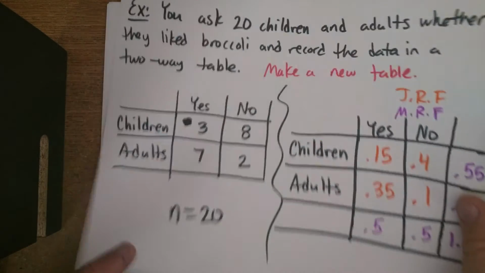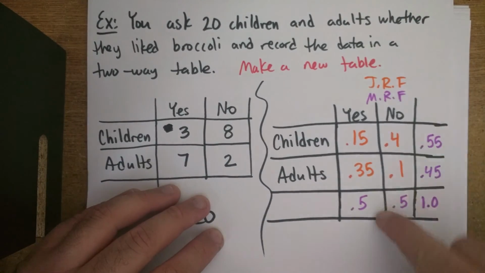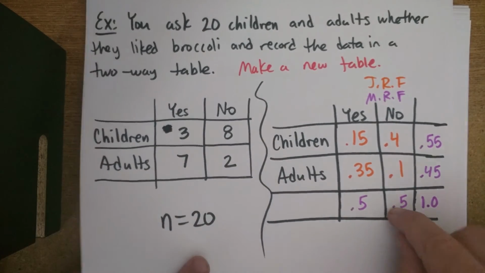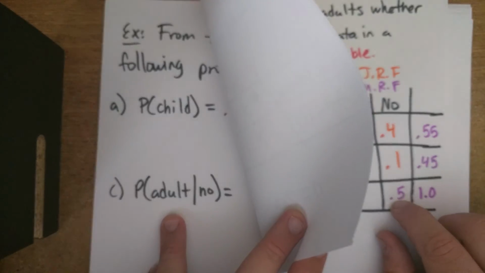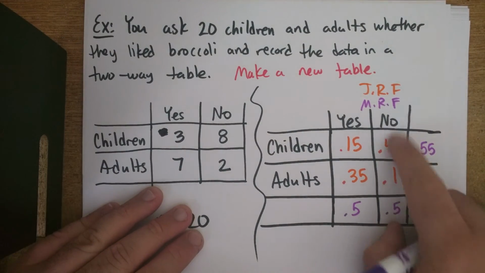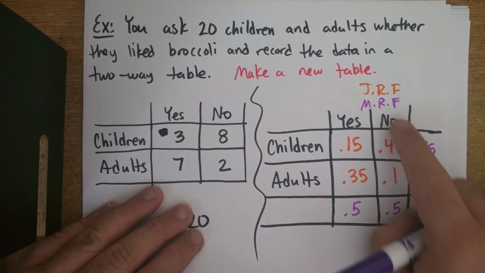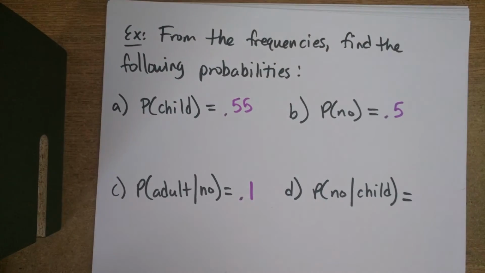We go to our table, and because we're saying given that they don't like broccoli, we need to focus on this column right here, the no column. Given that they don't like broccoli, what's the probability that they're an adult? If I'm looking at this column, which of these two numbers is an adult? It's 0.1. So I looked at this column, and then I looked at that row, and it's 0.1.